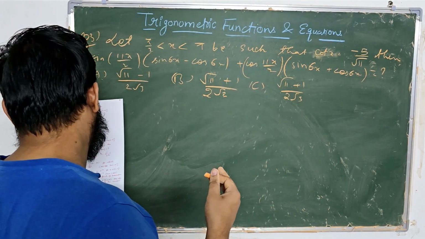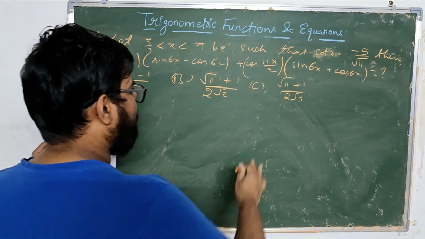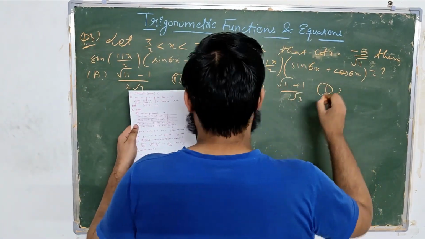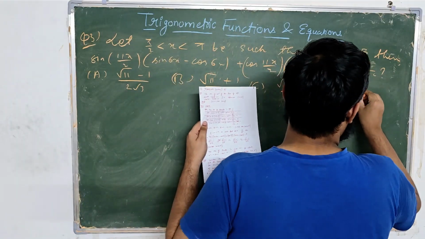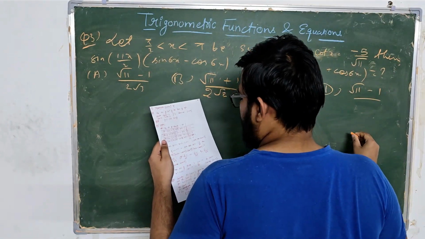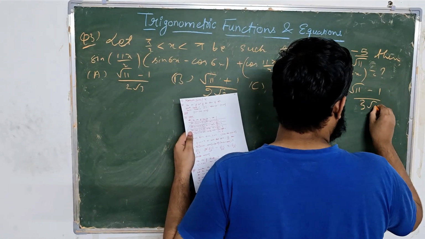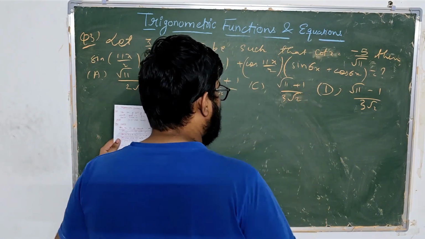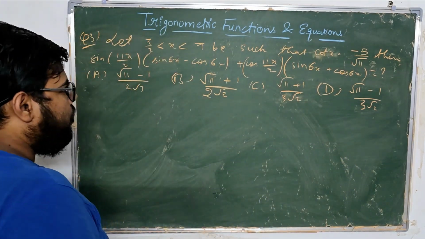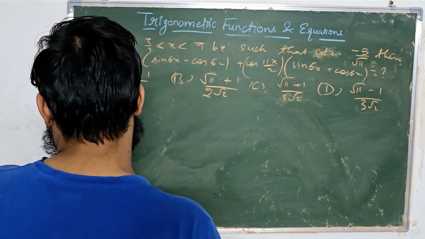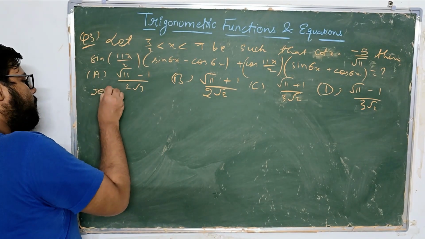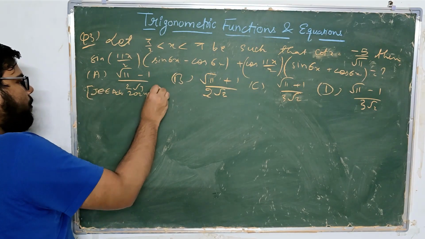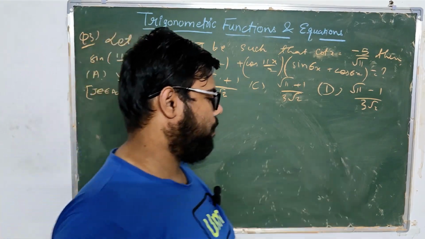Both options are the same, so let's take one as by root 3, and D as root 11 minus 1 by 3 root 2. So I guess it will be 3 root 2, right? So it is from JEE Advanced 2024 Paper 1.